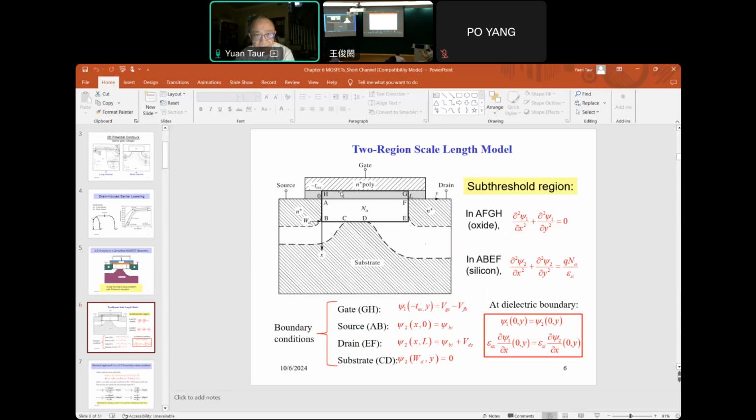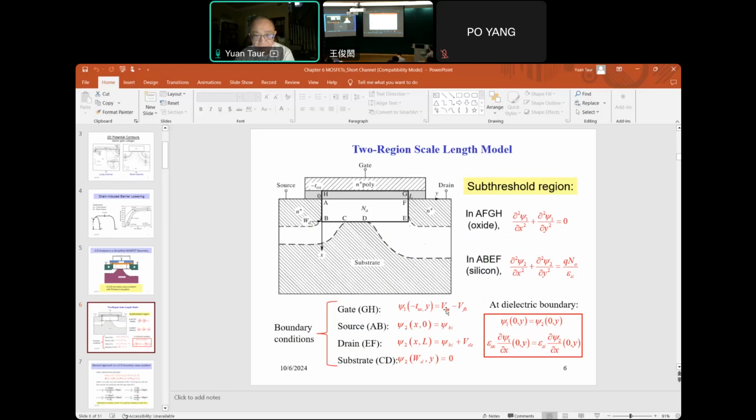For the gate, Y can be anything, and the potential equals the gate voltage offset by the flat band voltage, which we introduced in chapter 4. At the source region, the source is like a PN junction, so we have the built-in potential.